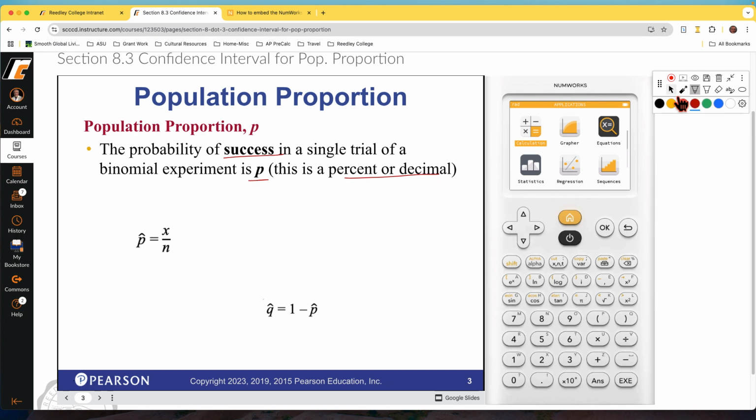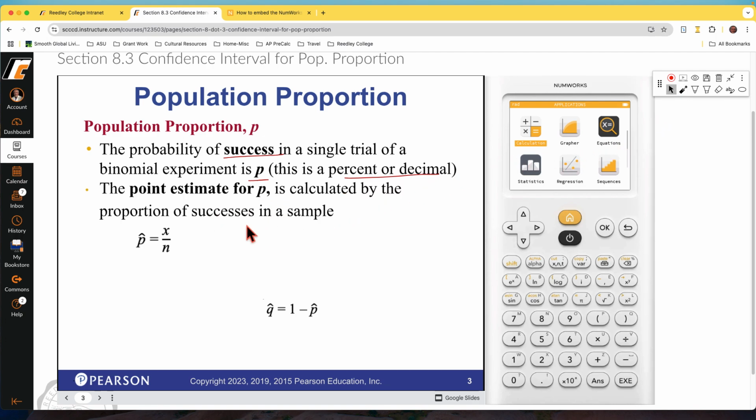What we do, though, is remember populations typically are so large that we can't get all that data, so we go and get a sample. We get an estimate for p, a point estimate, like I said, a particular value, by looking at the sample. And when we look at the sample, we're going to invent a new symbol here. We'll call this p hat. This little thing is a hat.